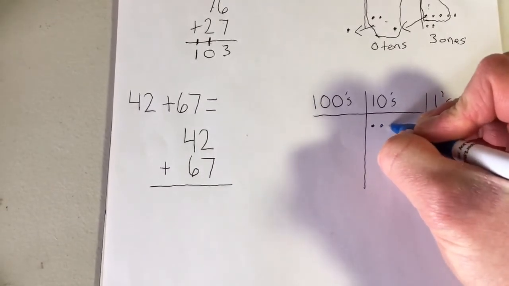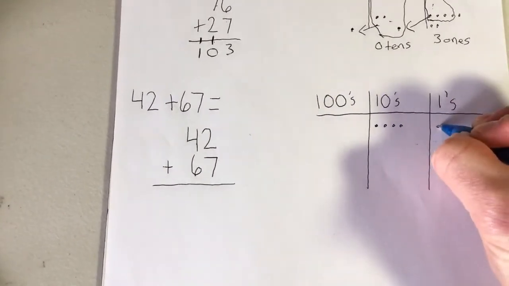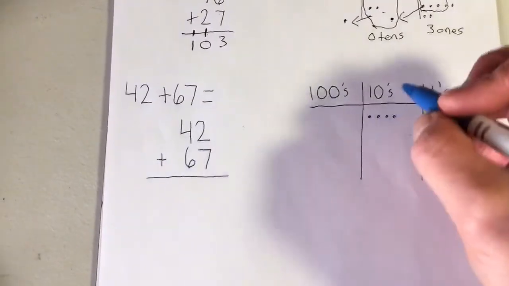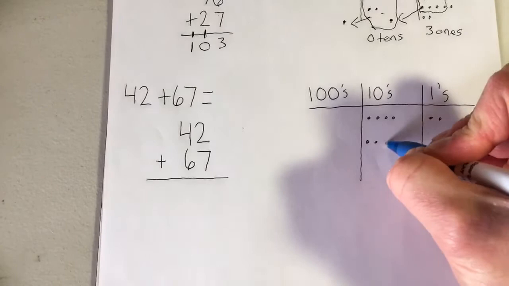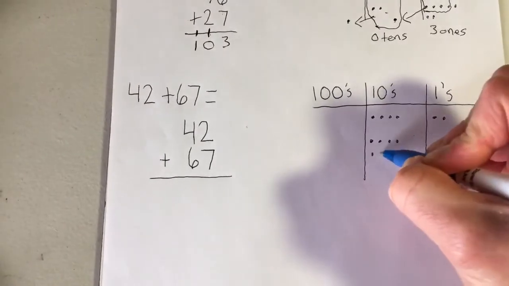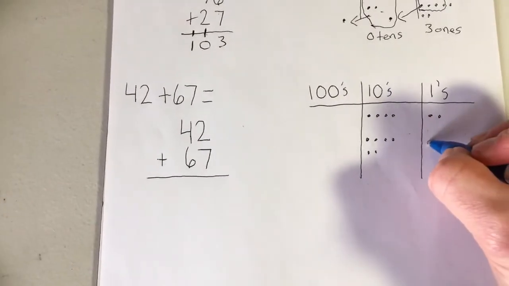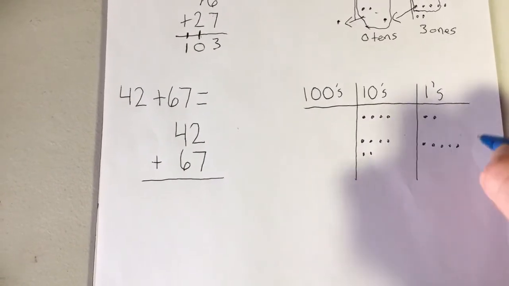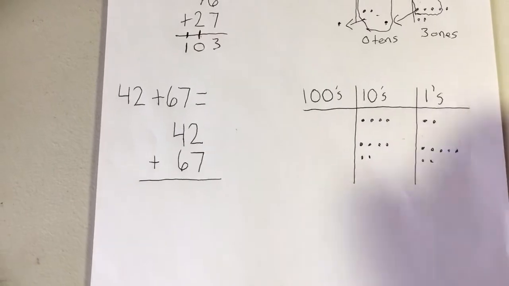10, 20, 30, 40, 41, 42. And again, we're adding, so we're going to make 67. 10, 20, 30, 40, 50, 60, 61, 62, 63, 64, 65, 66, 67.